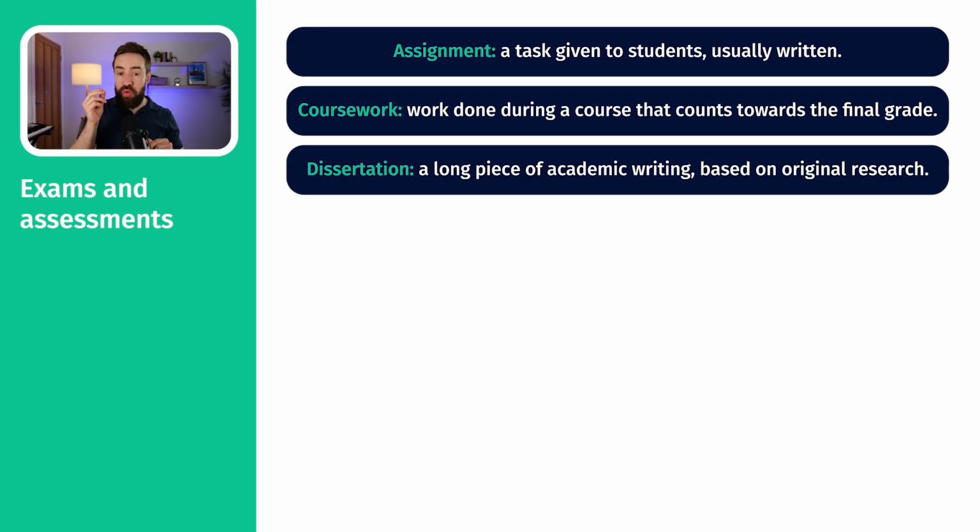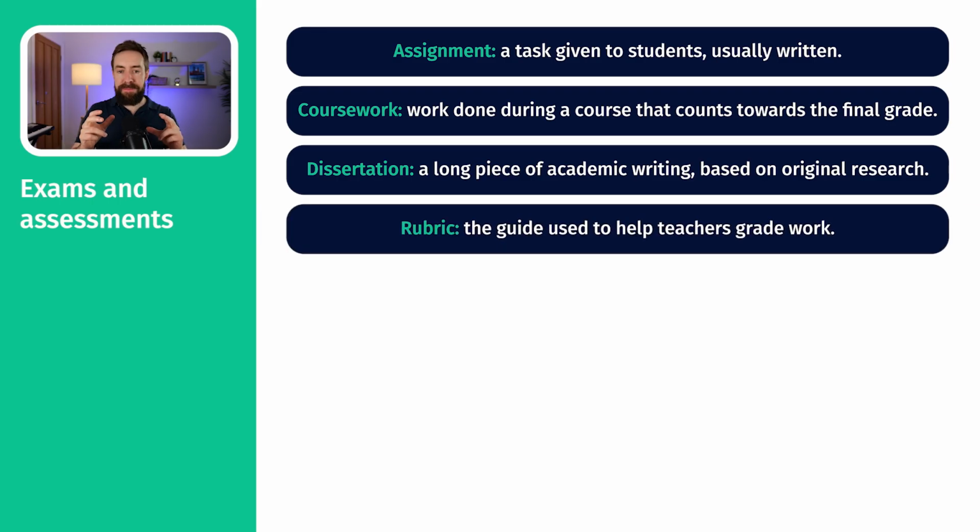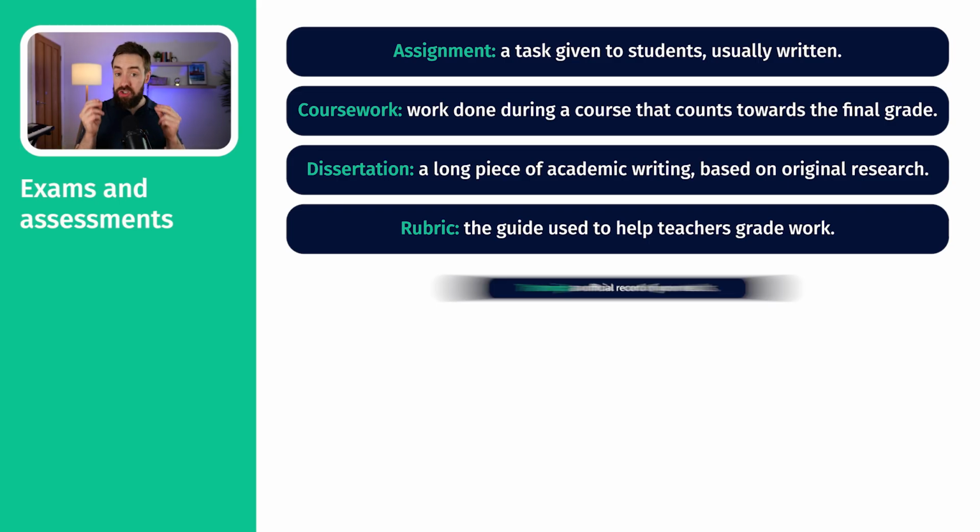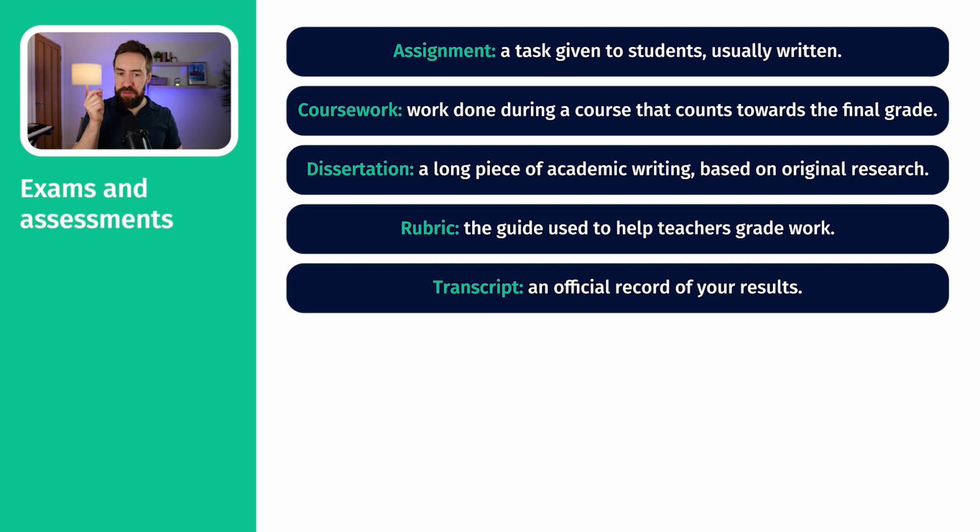The next word is rubric. So rubric is the scoring system that teachers will check to decide, okay, your essay or your speaking answer, what score will it get? They look at the rubric to help them decide. And then a transcript is the official record of all of the results that you've got in all of your different exams in the different courses.